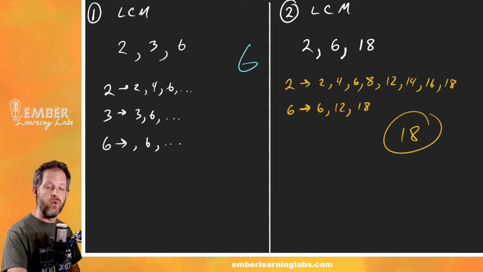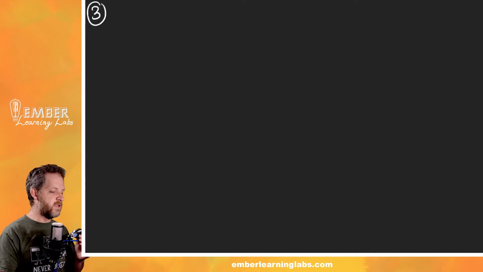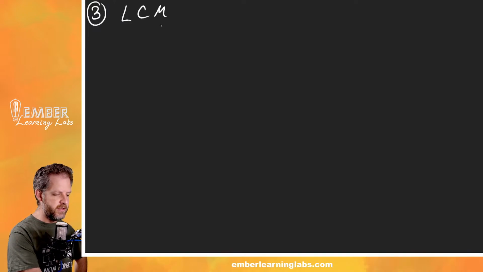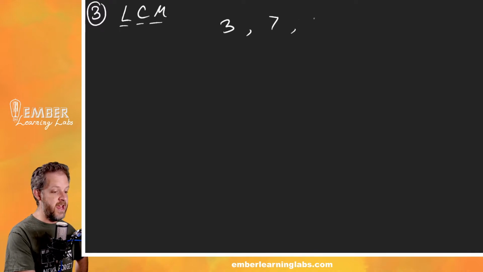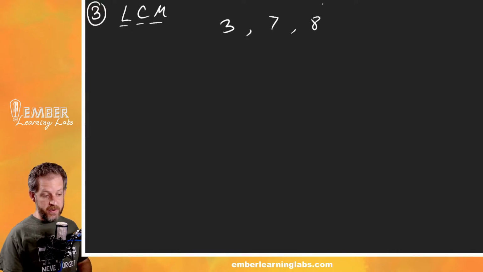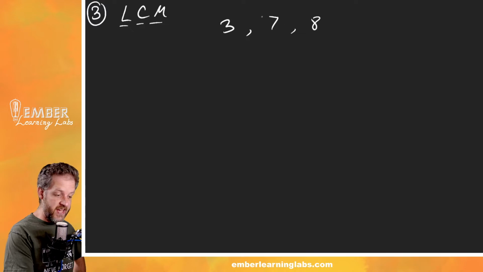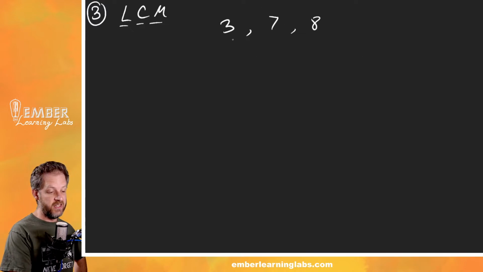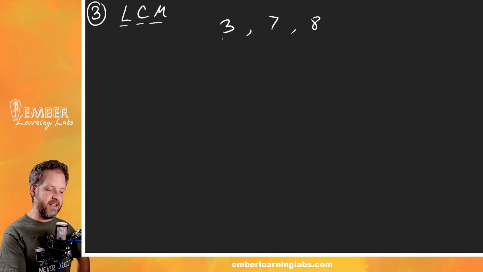Let's do one more. All right, let's look at the LCM, least common multiple, between 3, 7, and 8. Now, if you've got your multiplication facts memorized, you can see probably pretty clearly that the answer is not 7, because 3 times nothing is 7, and the answer is not 8, because 3 times nothing is 8, right?